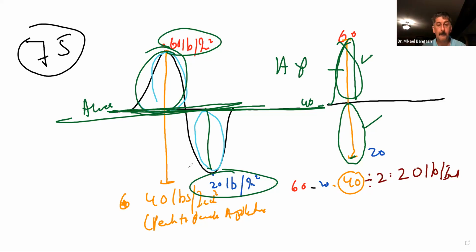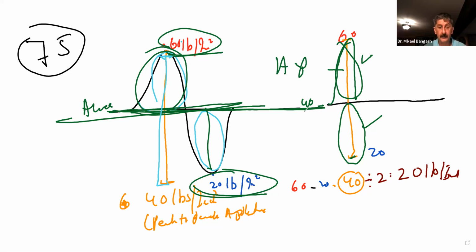Clear? So what they gave you here was the maximum and the minimum. We just calculated the range between the two, the difference between the maximum and minimum.